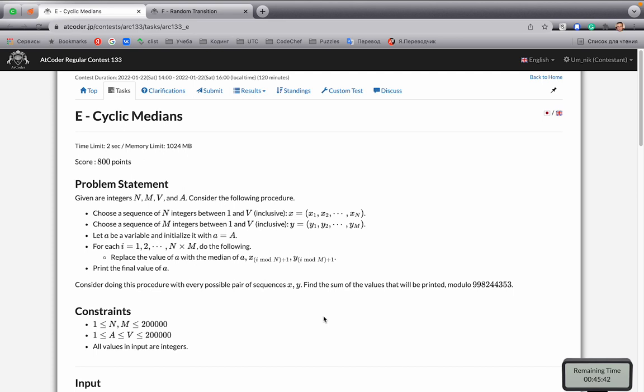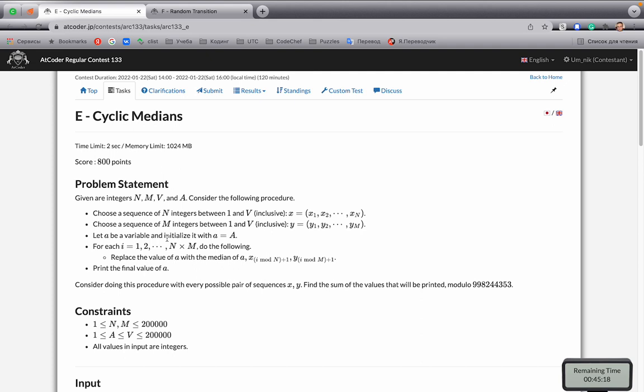In problem E, we consider the following process. We are working with numbers between 1 and v. We start with value a, and we also have two arrays of length n and m, with numbers from 1 to m.